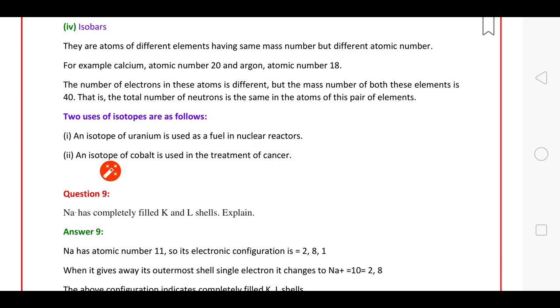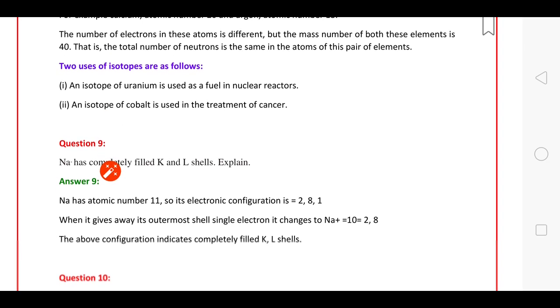In isotopes there is the same atomic number but different masses, but in isobars there are the same masses but different atomic numbers. For example, calcium with atomic number 20 and argon with atomic number 18. The number of electrons in these atoms is different, but the mass number of both elements is 40. That is the total number of protons and neutrons in the atoms of this pair of elements.